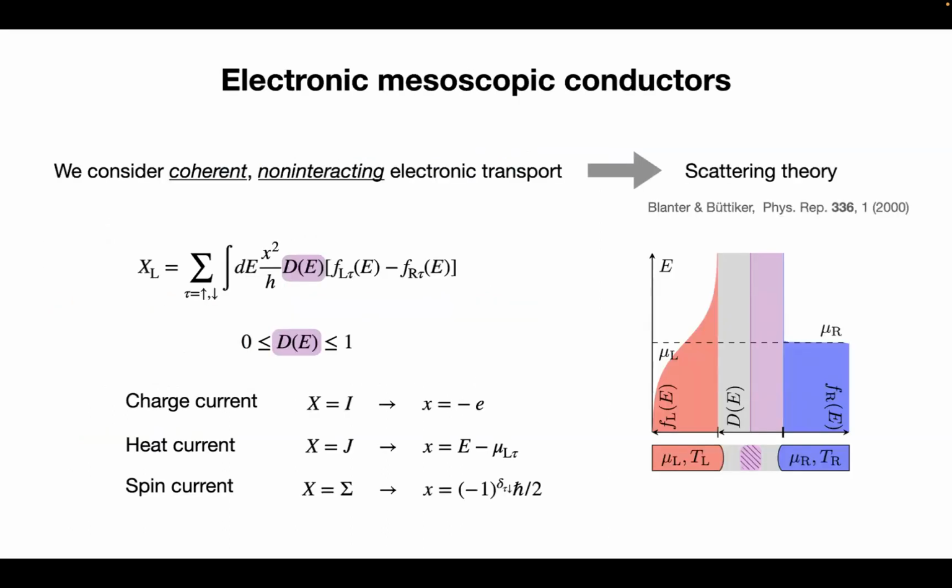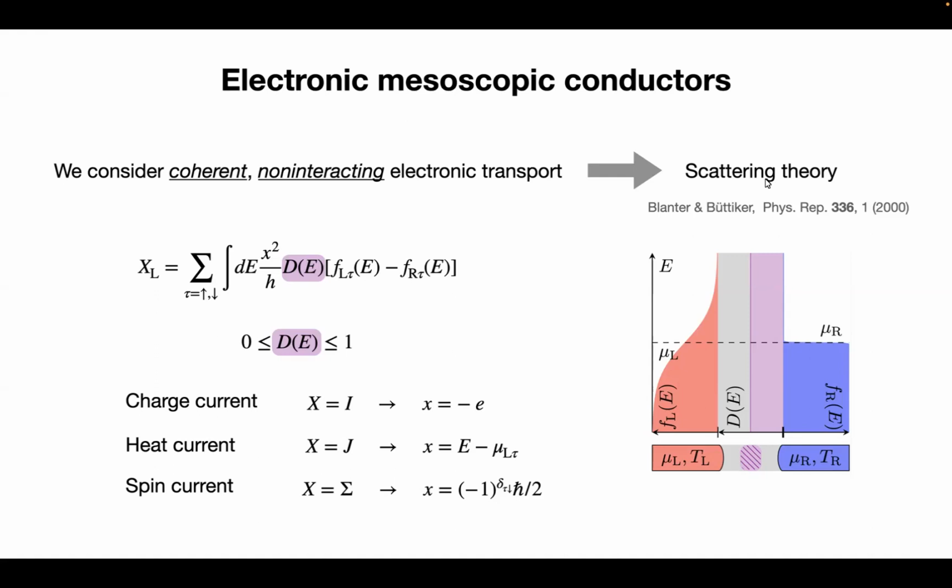This is just to set the stage. The system we have in mind, as I said, is two reservoirs described by Fermi functions, and in the middle you have a transmission function. We are considering non-interacting electronic transport, which means that we can use the framework of scattering theory, which is known to be thermodynamically consistent and to respect the second law and all sorts of nice properties.